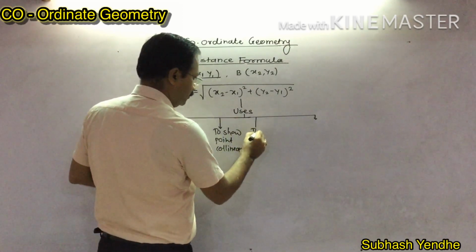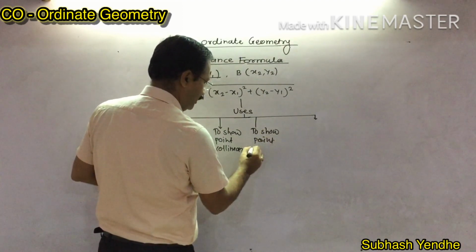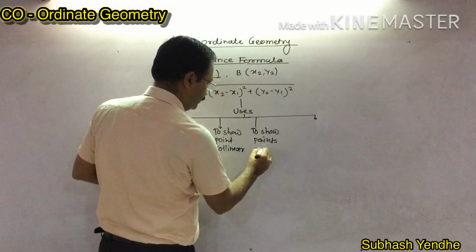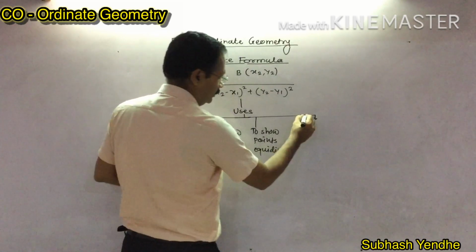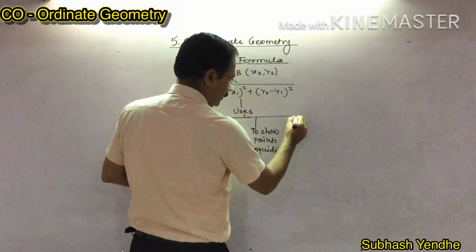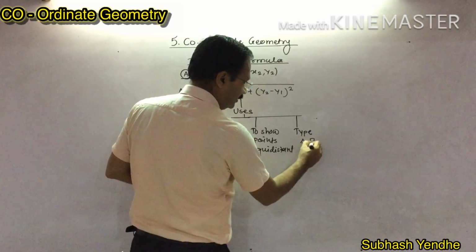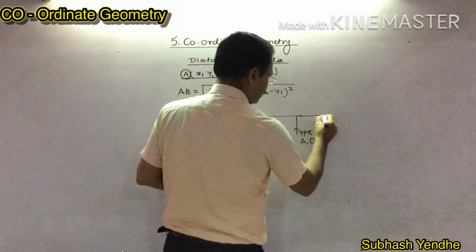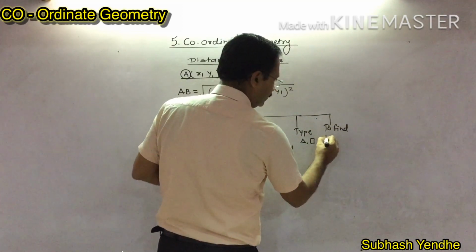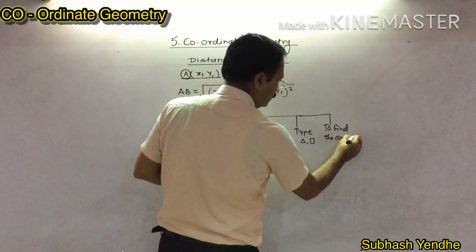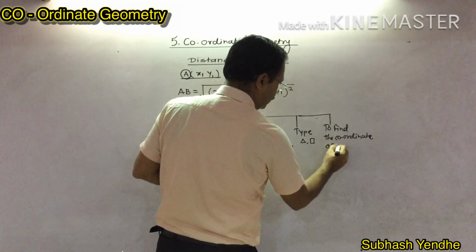Third, to show points are equidistant. Then, to find the type of triangle and quadrilateral. And the last one, to find the coordinates of the circumcenter.